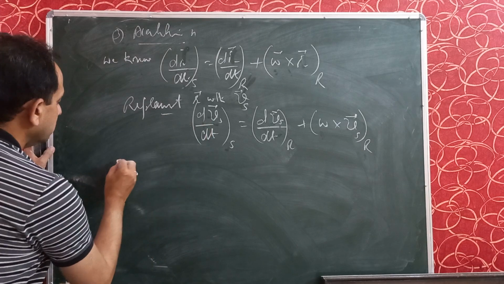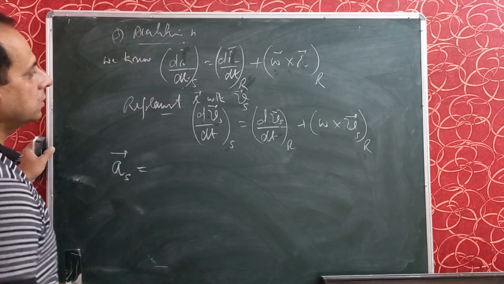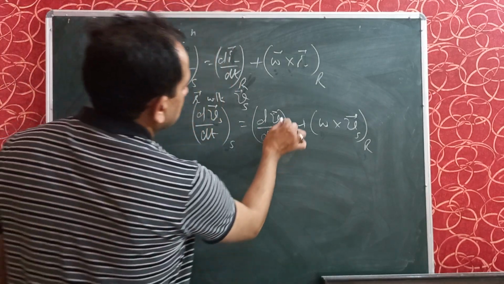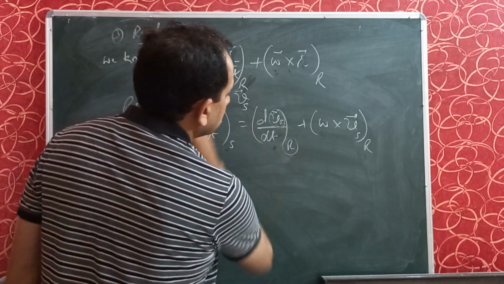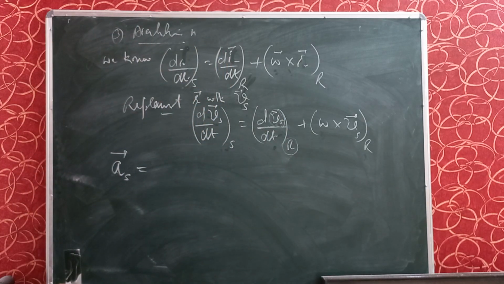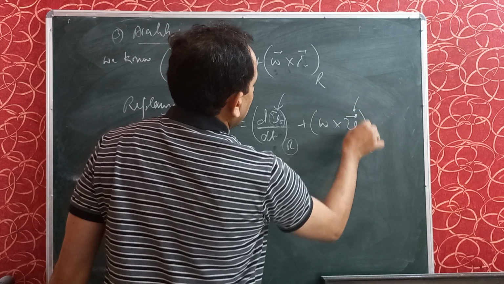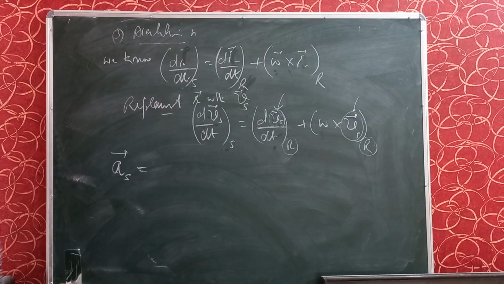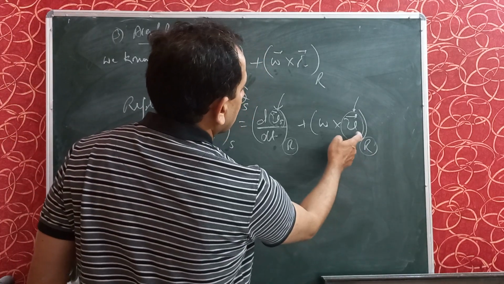Therefore it is acceleration in the S frame. But here there is no compatibility, because the term inside is in the S frame, but the outside frame is R. So there is a contradiction, no matching. We have to either replace this R with S or this S with R.